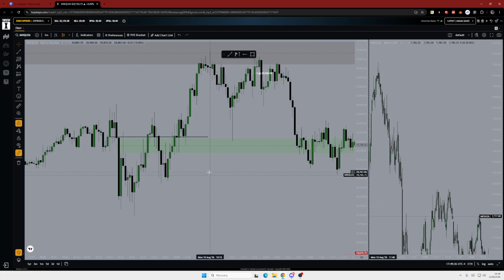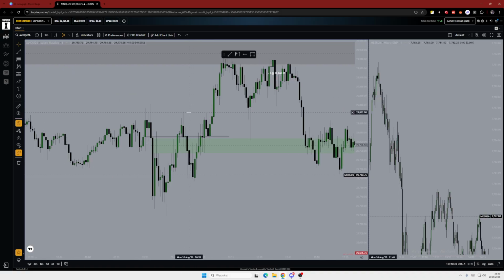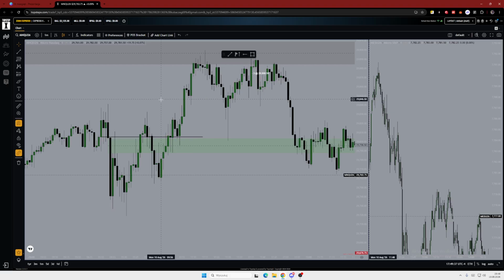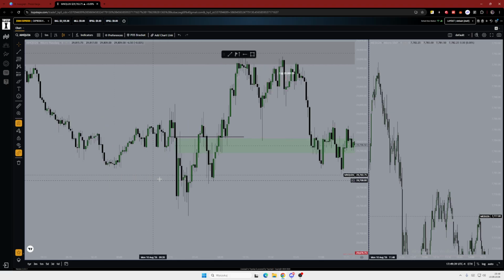Not really the most ideal scenario we want to see if we are long. So what we can tell from this is we have manipulation, and after manipulation we have accumulation, which should have been distribution.